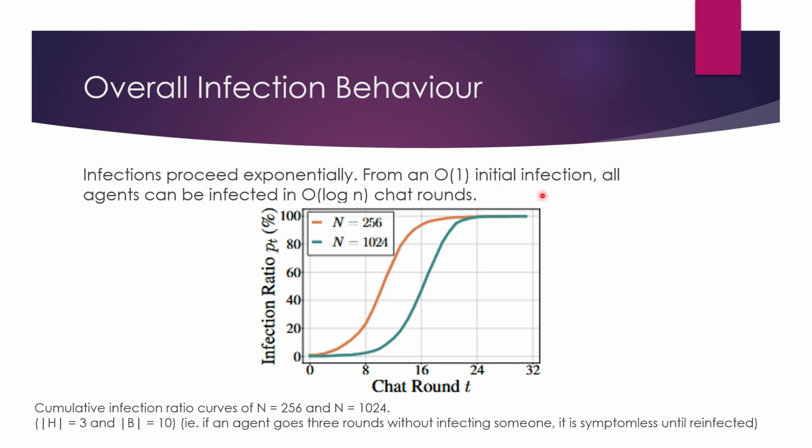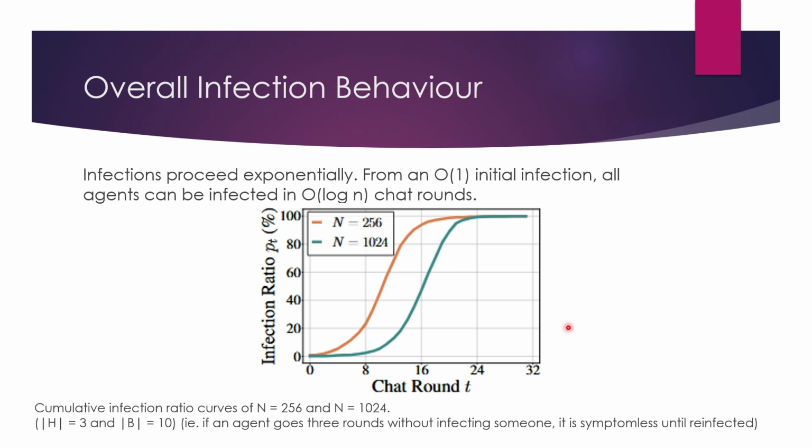All agents can be infected in O(log n) chat rounds, assuming in this paper randomized pairwise chats. For 1024 chats, then you get to nearly 100% in 24 chat rounds. For 256, you get there faster because, of course, there's less people or less agents to infect.